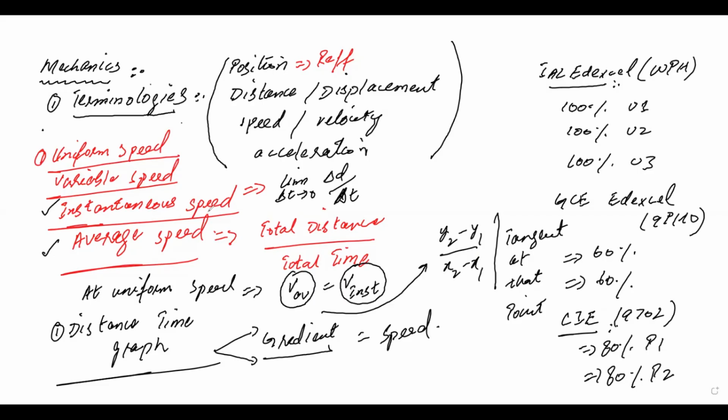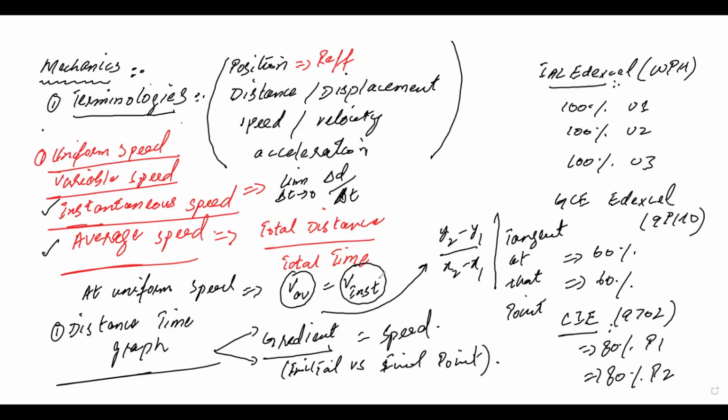Tangent. No. For average speed, remember that whenever you calculate the gradient, it has to be the very initial point, or maybe the origin, versus the final point. Got that? Where the curve terminates. Got that?